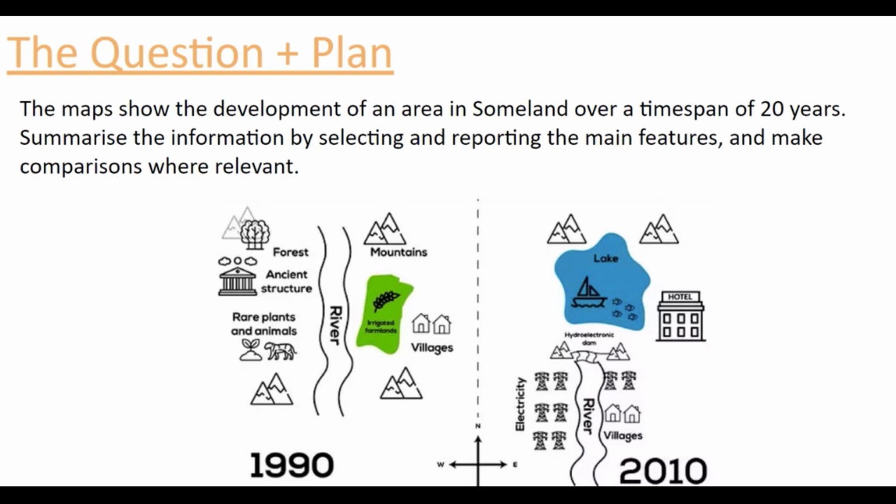They have been destroyed in some respects, so that we can have the electricity stations and villages added. And in terms of change, to the east of the lake, there is no longer irrigated farmland and villages. We can see this changed into a hotel. So we have a hotel here now.